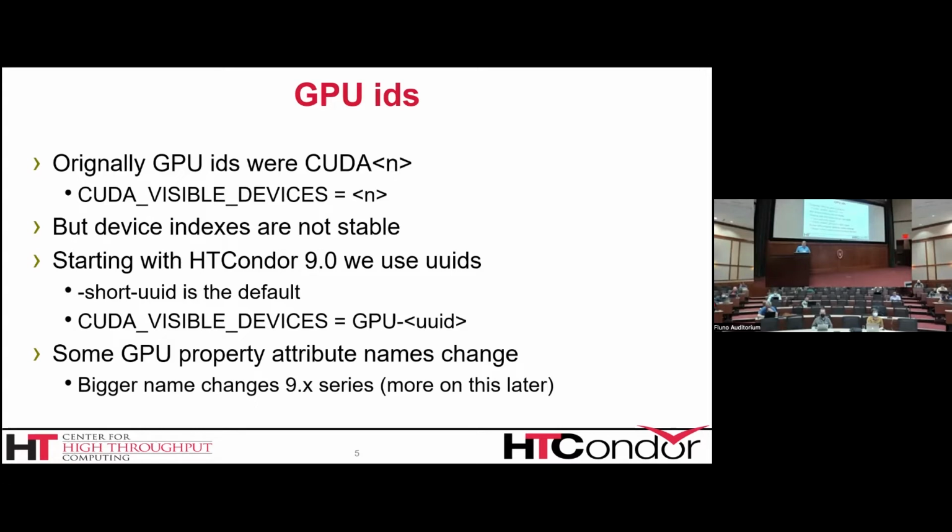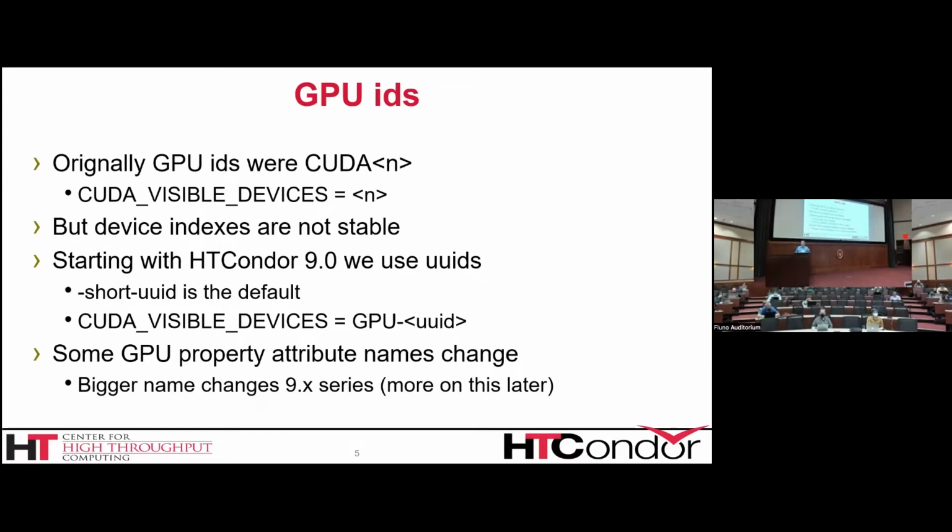That turns out not to be stable. If a GPU fails, sometimes the NVIDIA driver just moves the other IDs over, so that what used to be GPU1 when we booted the machine shows up as GPU0 sometime later.